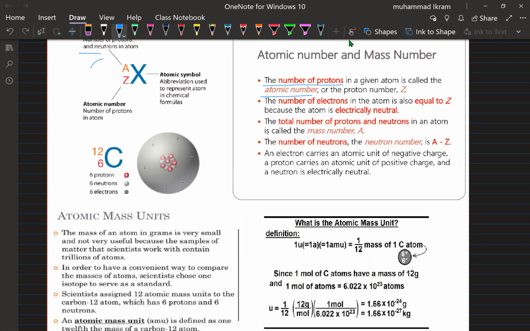I told you the number of electrons equals Z when the atom is electrically neutral. This is what I told you in the beginning also. This is what I also told about the mass number, and the number of neutrons, the neutron number, as I told, N equals A minus Z, right?